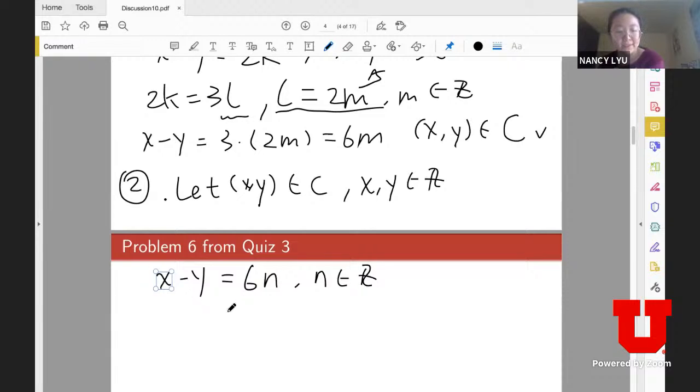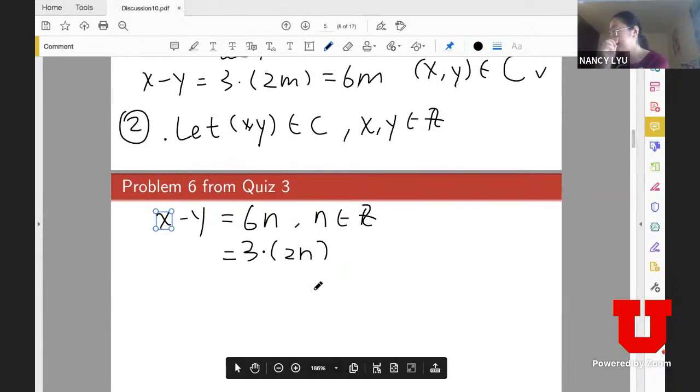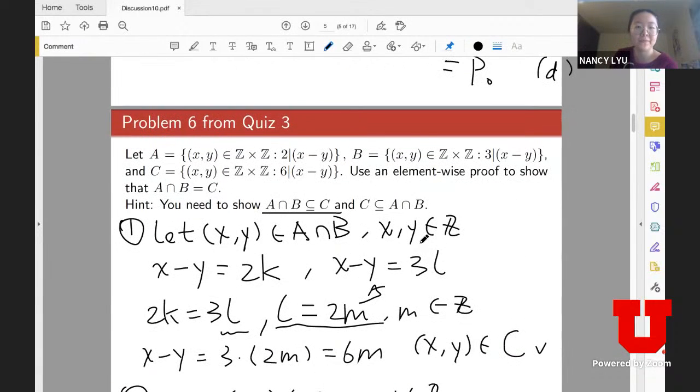And then you can rewrite this as 3 times 2N, and here you will have, by closure, 3R. So this shows that your X, Y must be in B.